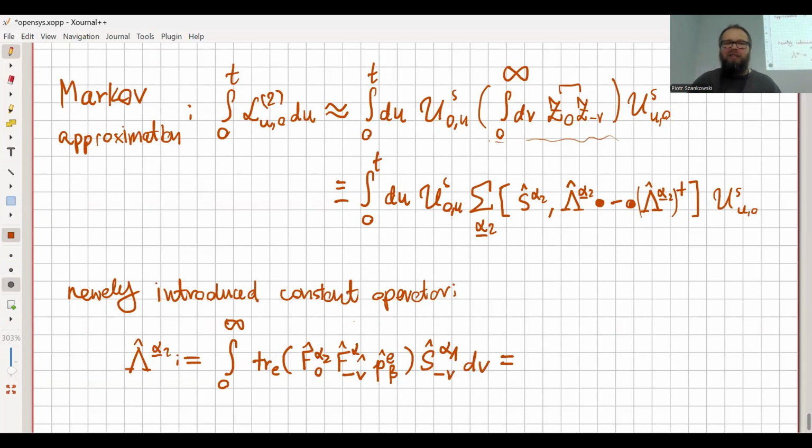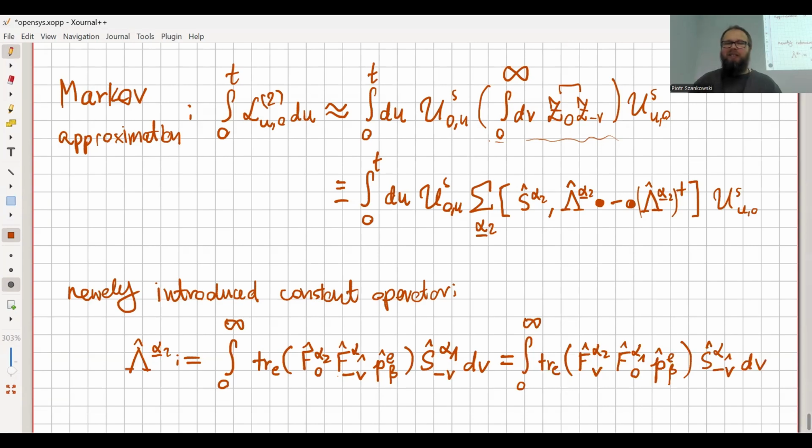And now, using the stationarity of the environment, we can move v, to make it more pretty, from here to here, but not totally for free. If we move it from the second operator to the first, the minus will disappear. Yes, but this minus stays here.